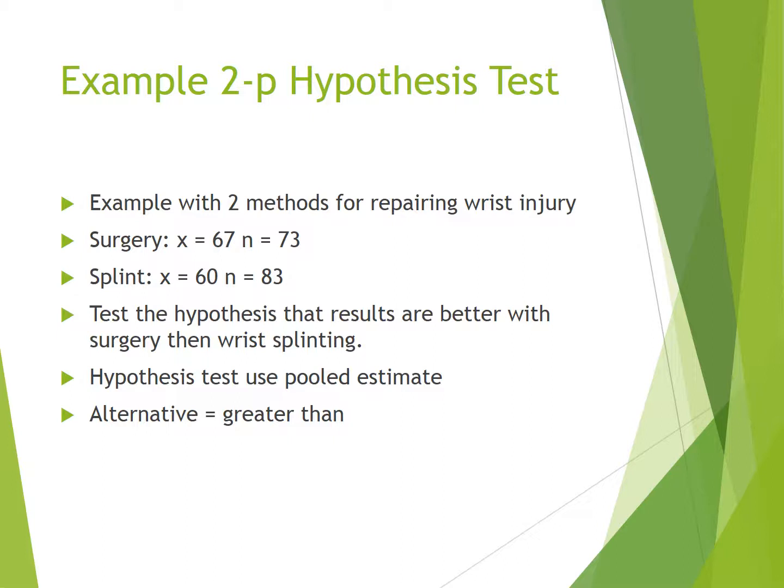We're going to test the hypothesis that the results are better with surgery than with wrist splinting. So our alternative hypothesis is going to be greater than. Because this is a hypothesis test, remember, we're going to use the pooled estimate. It is a drop-down menu on the options page.